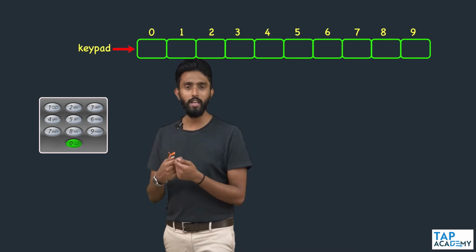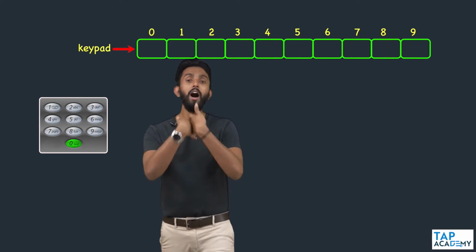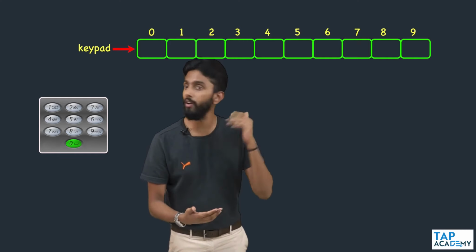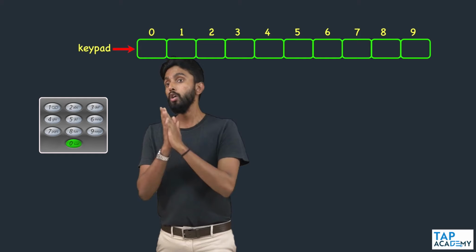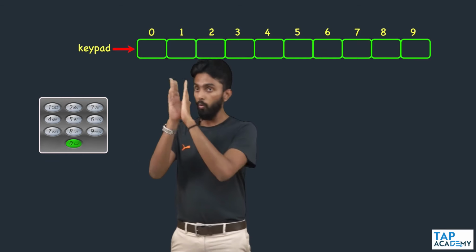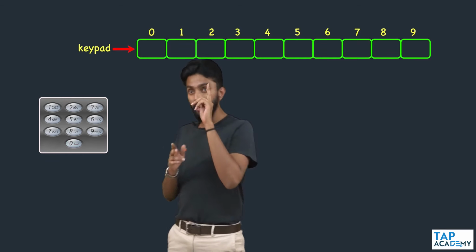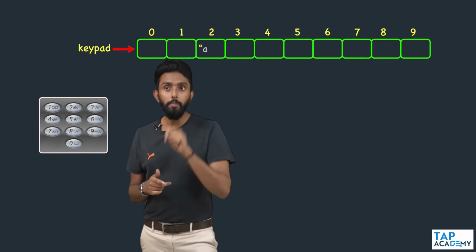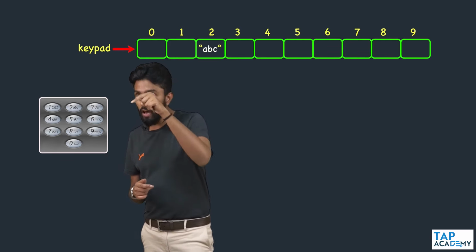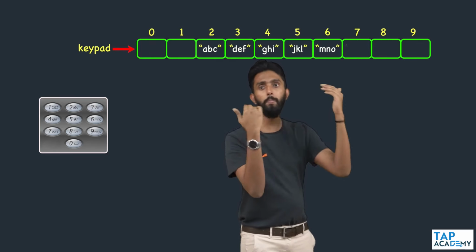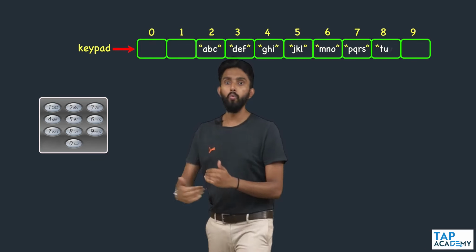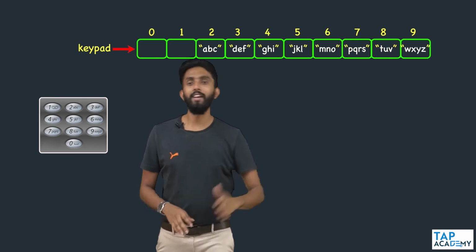It's just a space character, and the question has asked us to ignore 0 and 1, because 1 has something else, and 0 is not really used. So 0 I will leave empty, 1 I will leave empty. Now in 2 I will store ABC. In 3 I will store DEF. Similarly GHI, JKL, MNO, PQRS, TUV, WXYZ, right?